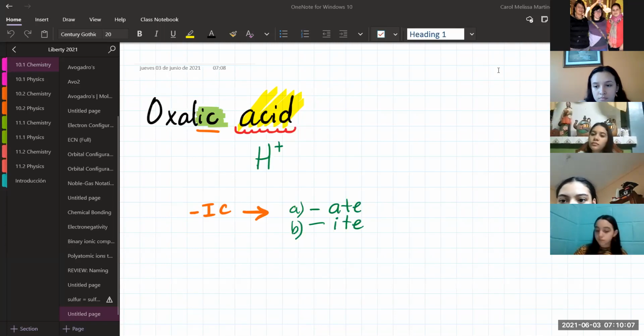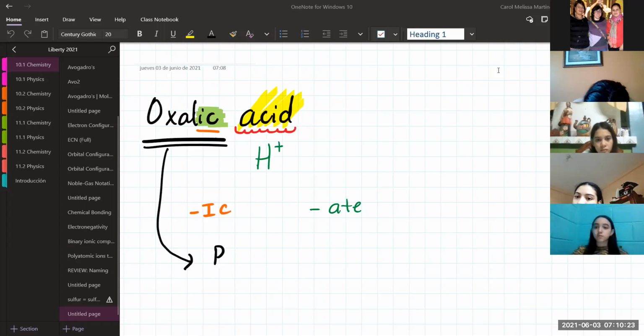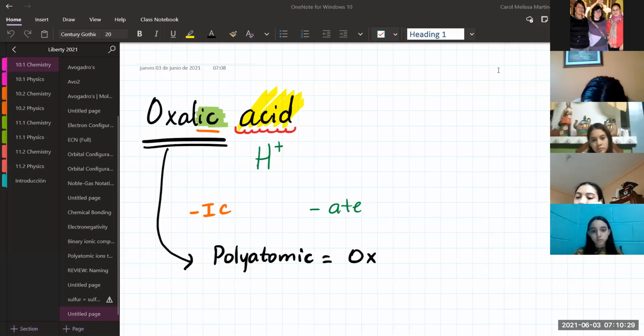Remember, if it ends in -ate, you're going to be using "-ic". So the name of the polyatomic ion for oxalic is going to be oxalate. Oxal, and then the suffix "-ate", oxalate.